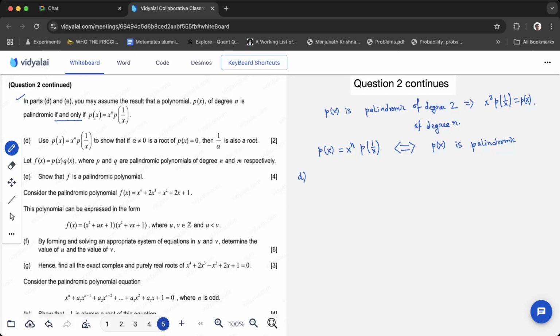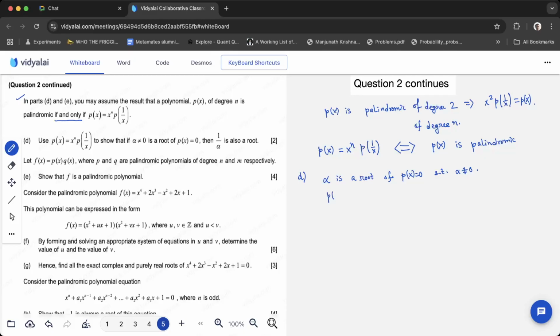So the first part, part B, says that if alpha not equal to 0 is a root of p of x equals 0, such that alpha is not equal to 0, then 1 over alpha is also a root.